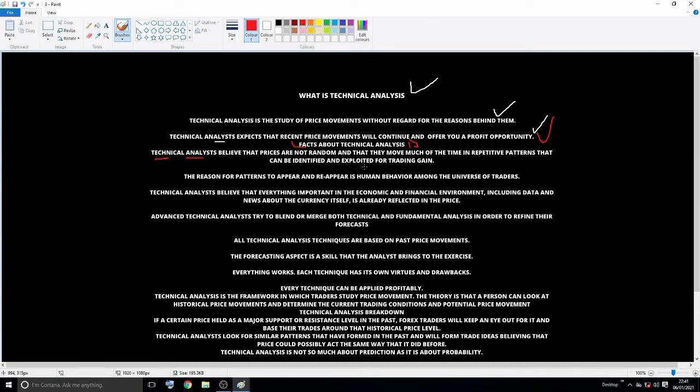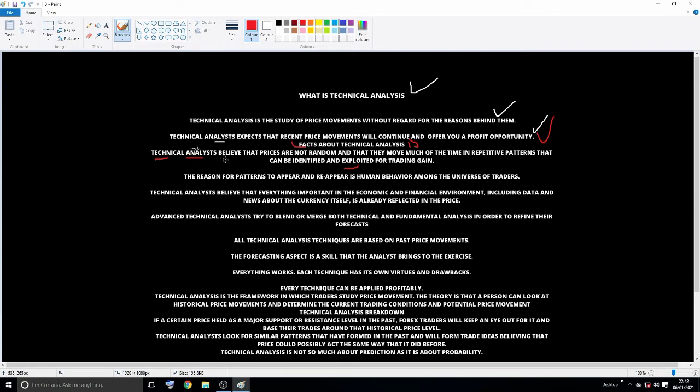It moves because of certain patterns, certain behavior. The price moves in patterns that are easy to recognize, and you can make profit out of these trading patterns.